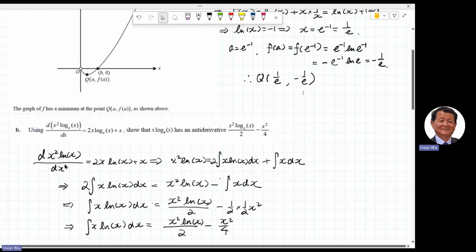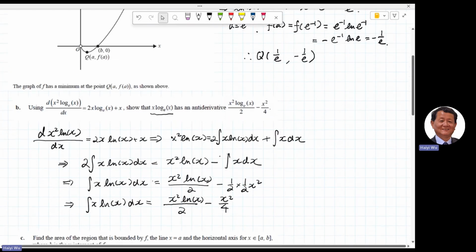So question B: we use the derivative of x squared times log x to decide the antiderivative of x times log x. So let's do that. We know the derivative, and if I integrate both ends, we get x squared times log x is twice the integration of that plus the integration of x.